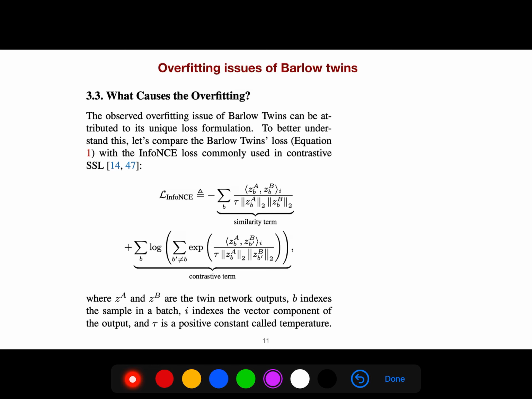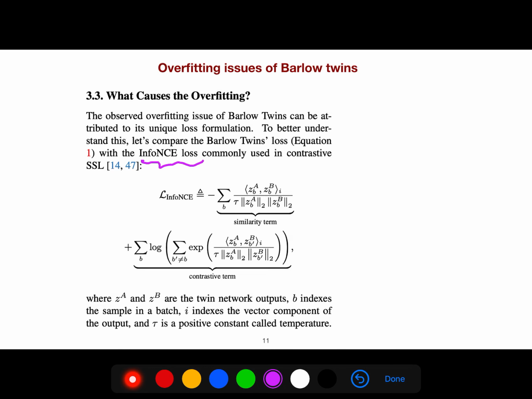I see that in many papers they compare their model with the InfoNCE loss because you can easily see its theoretical structure, and you can compare your model and interpret the loss. It's like a template or a reference that you can compare your model to.